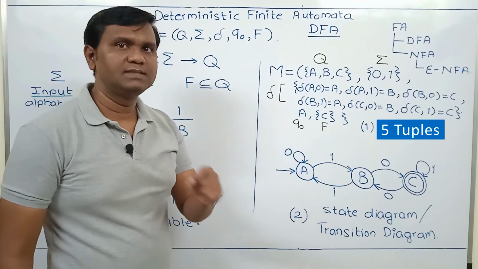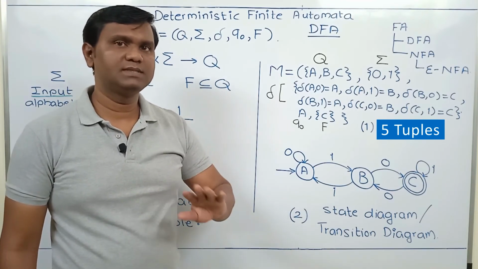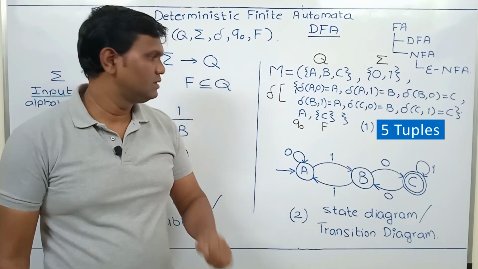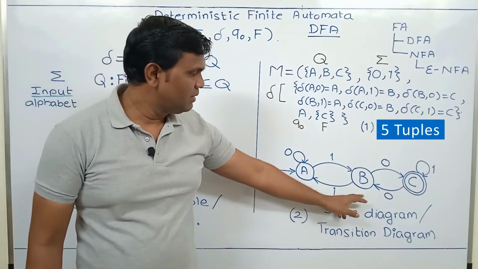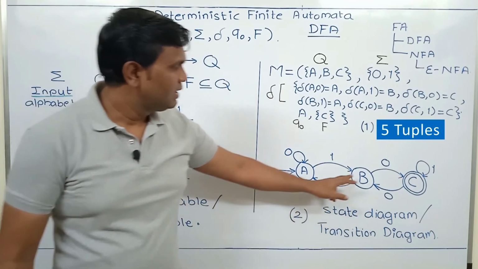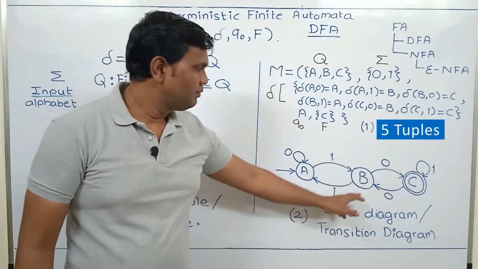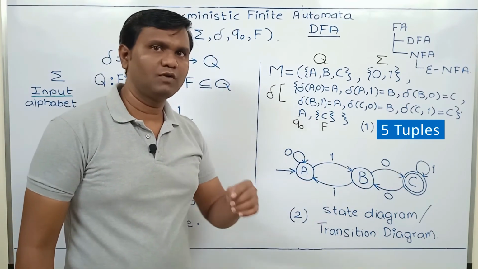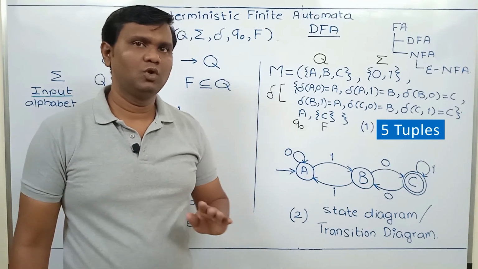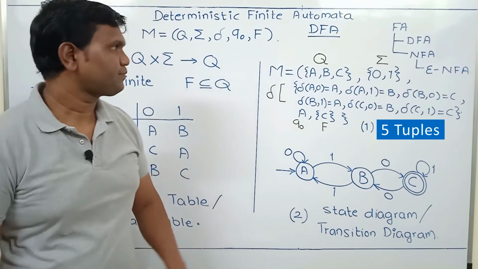The number of transitions for a symbol for a state cannot be 0, it cannot be more than 1, it should be exactly 1. So let's take state B. It has exactly one outgoing transition for 1. It has exactly one outgoing transition for 0. So B exactly knows what will be the next state if 0 comes. There is no non-determinism. It is deterministic automata.